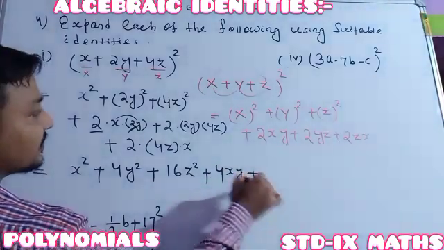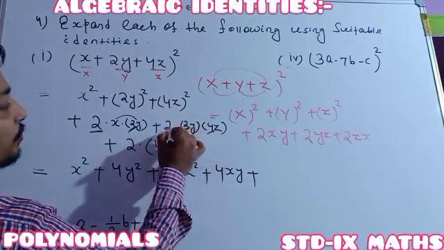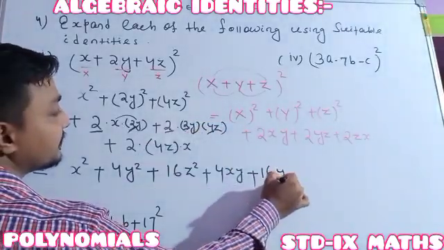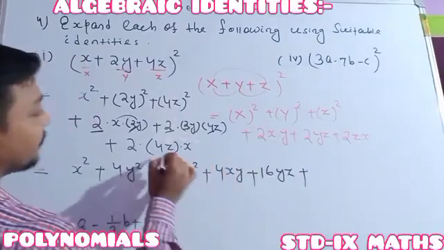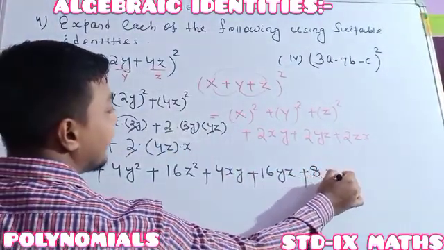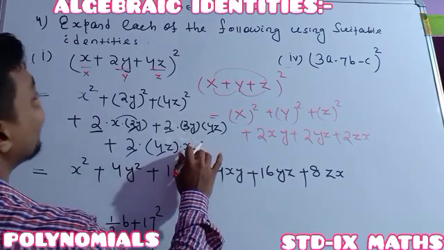Next, 2, 2, and 4: 4 times 2 is 8, 2 times 8 is 16, so 16yz. And the last one is 4 times 2, which is 8, and z into x, so 8zx.